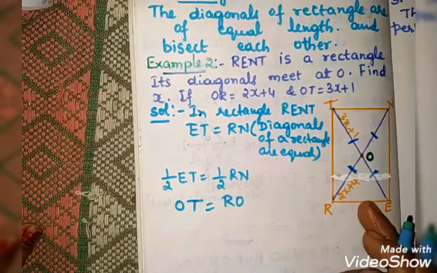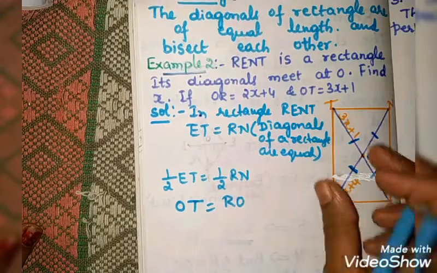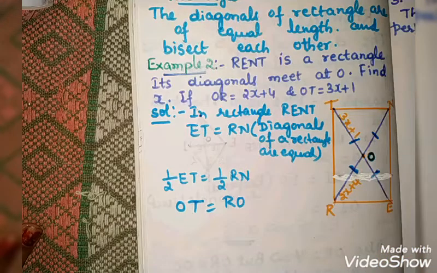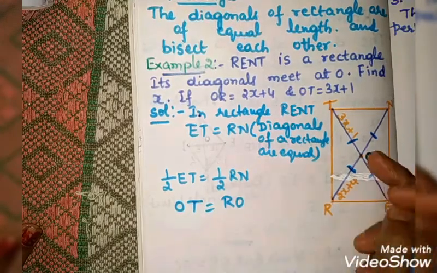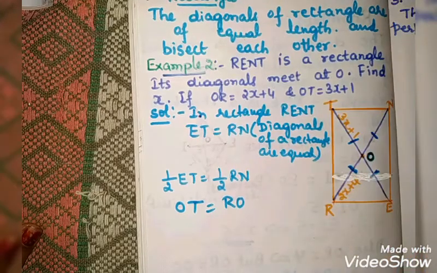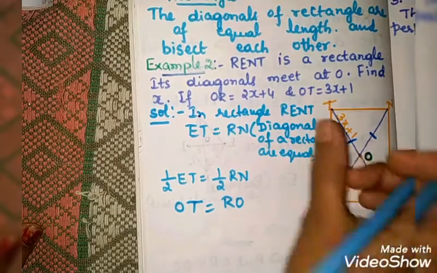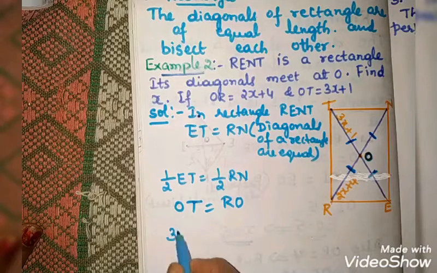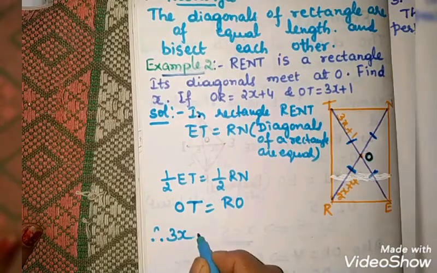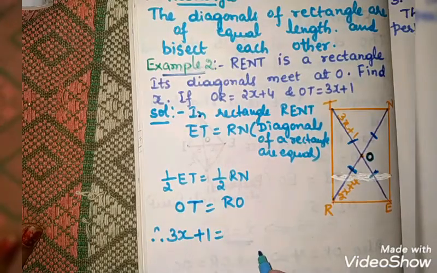But all the four portions are equal, I told, isn't it? These two are equal, children. OT is equal to RO we got. This portion is equal to this portion. So, what is OT here? OT is given as 3x plus 1.